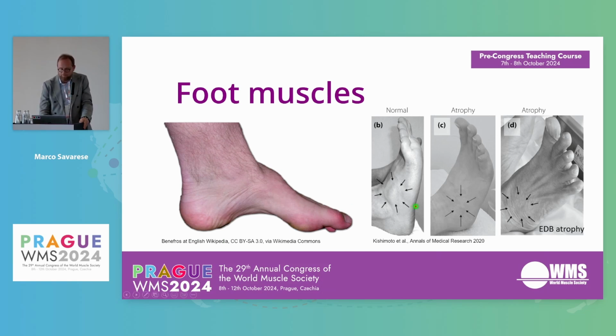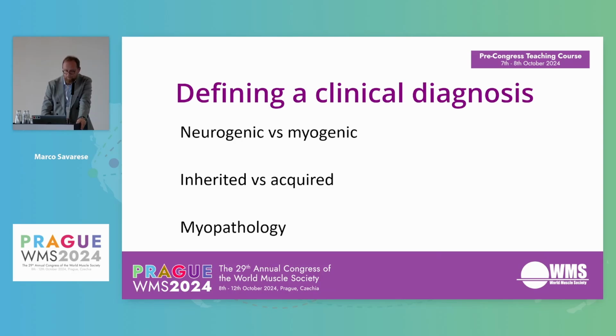On the right, then, you will see the atrophy of the extensor digitorum brevis. This is what a normal foot would look like, and this is, of course, the atrophy. And this patient has a diabetic polyneuropathy, so it's basically a neurogenic condition related to the diabetes.